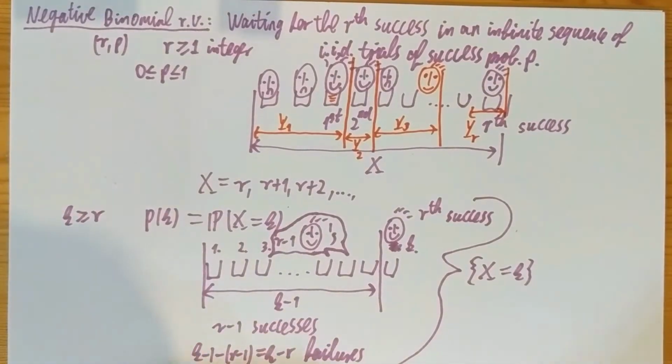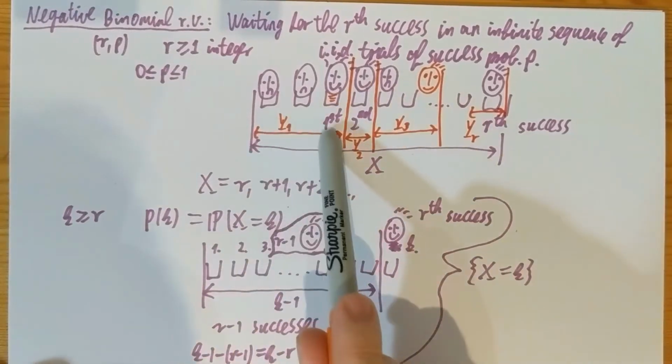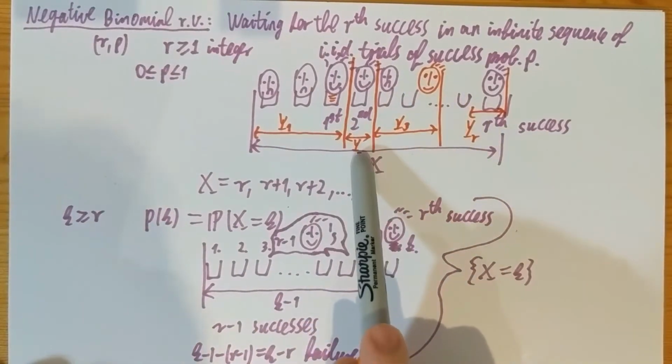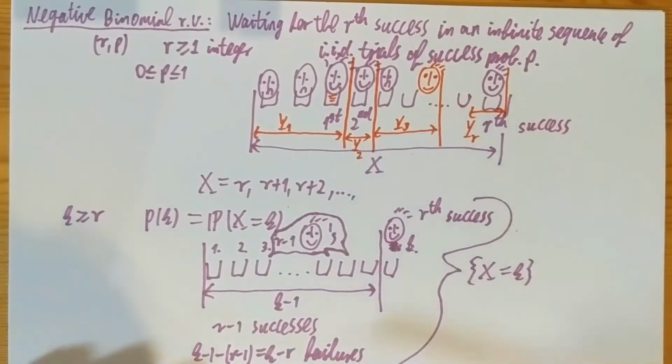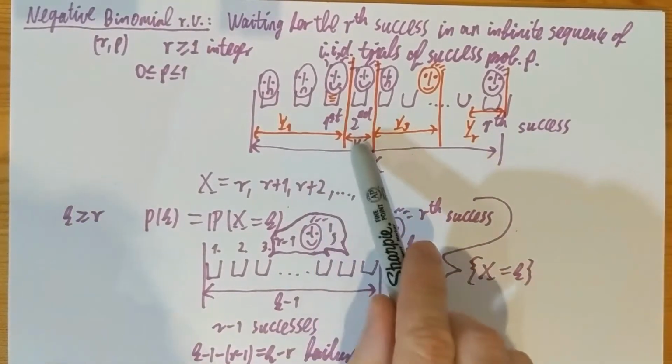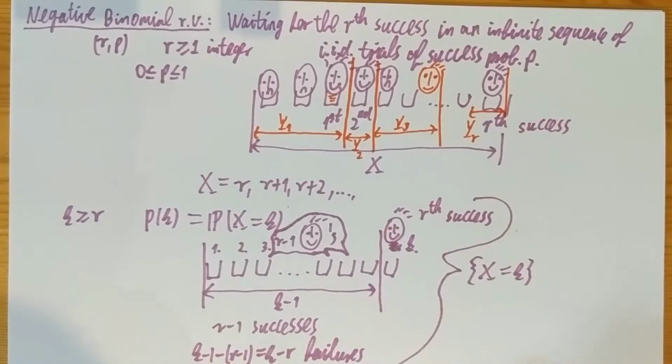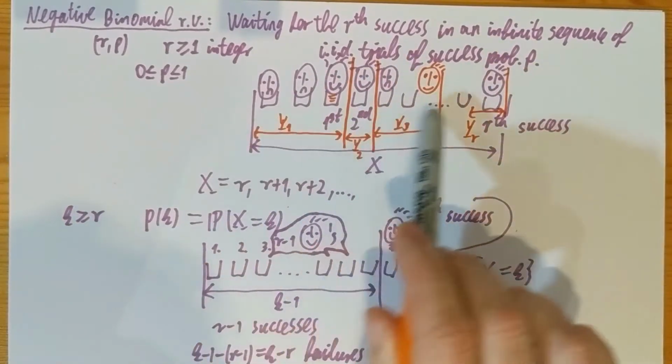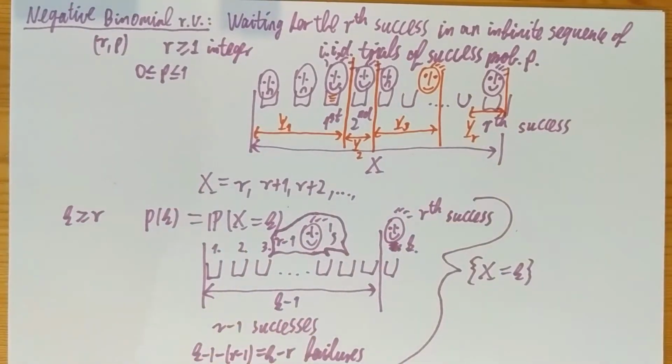Okay? And if you look at this picture carefully, then you notice that y1 is an optimistic geometric, y2 is an optimistic geometric, y3 and so on up to yr are all optimistic geometrics, and these y's are independent of each other. We're looking at independent trials, so the waiting times before consecutive successes are of course independent random variables, and they are each geometric.